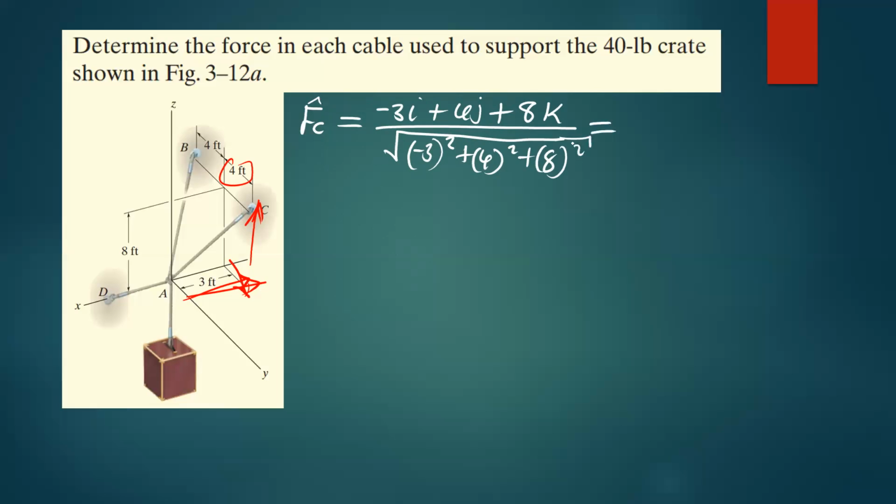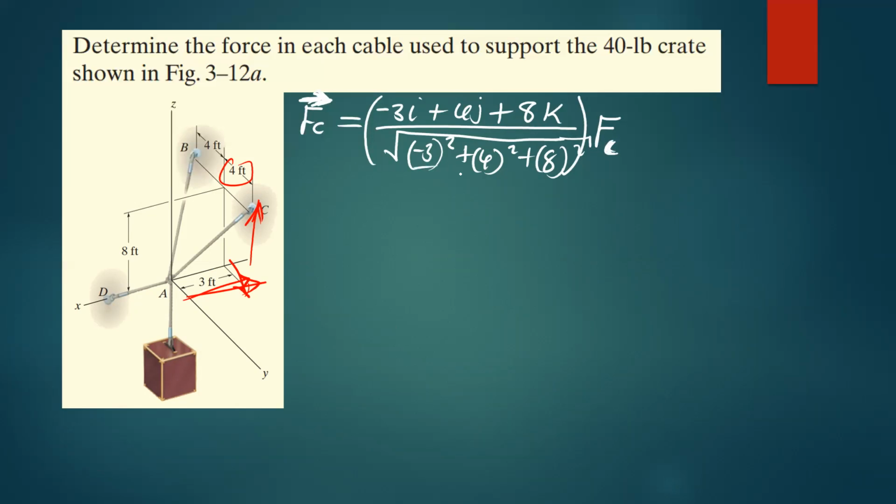This is a unit vector in the direction of the rope C. To find the force in C, you multiply this vector by the force, which is not known, so we call it FC.